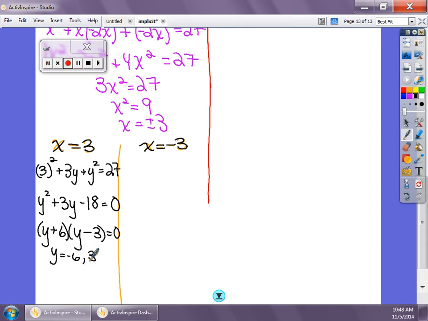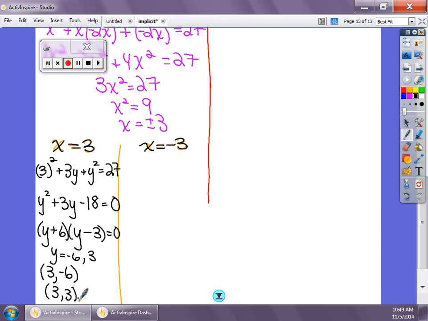Now I need to write my ordered pairs. Here's another place where a potential mistake could happen. You need to put them in the proper order, x comma y. So my points are, 3 is the x, 3 comma negative 6, and 3 comma 3.